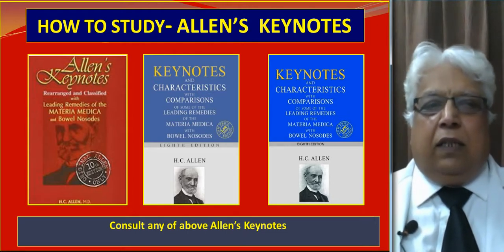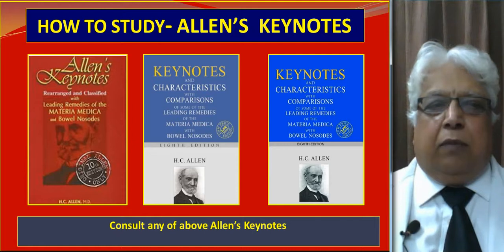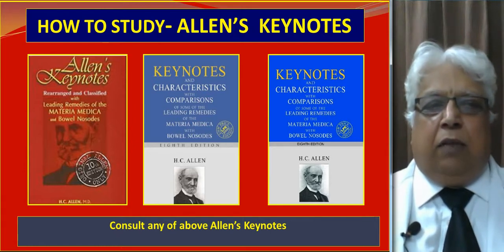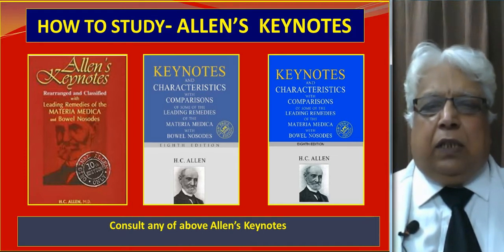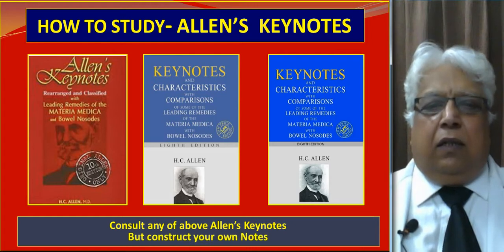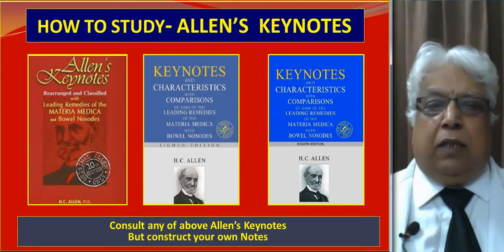You will find they have produced it in the Hahnemannian schema from head, vertigo, stomach, etc. You can pick up any work, whatever you like. But the only important thing is you have to construct your own Materia Medica notes. Your notes are very essential for you.